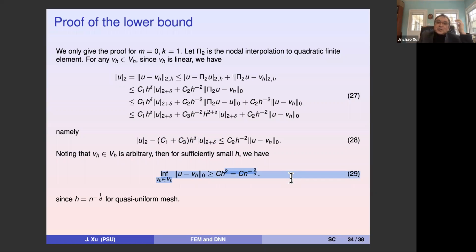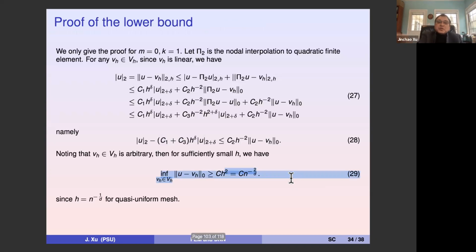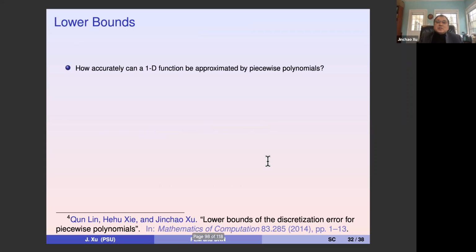But anyway, in terms of finite element, we're talking about a quasi-uniform grid, okay? So you get this lower bound. As you can see from the proof, you can see what kind of assumption you want to make. But anyway, now if you want to compare to this finite element, let me show you what I did earlier.